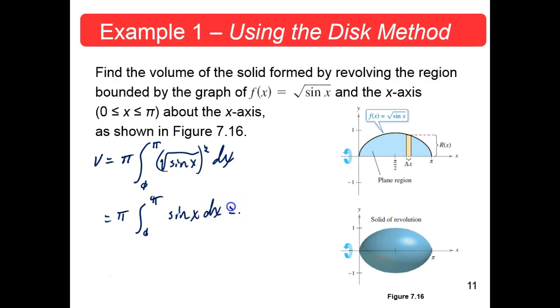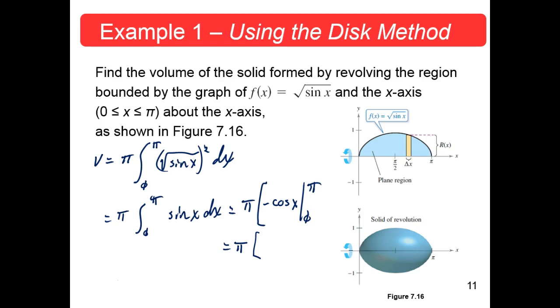I think we can do that, can't we? Pi times, what's the antiderivative of sine? Negative cosine. And that's evaluated from 0 to pi. Okay, this is going to be pi times, and what is minus cosine of pi?